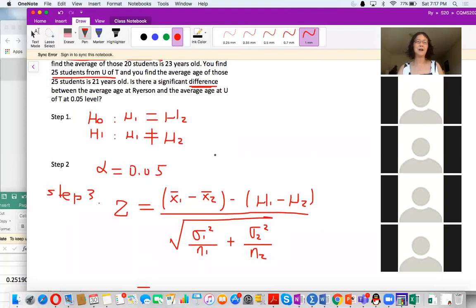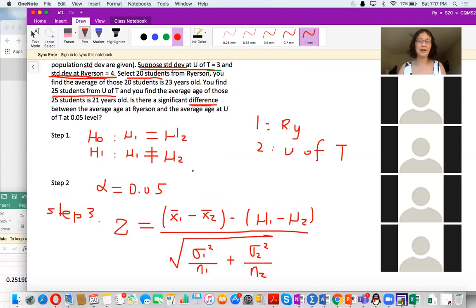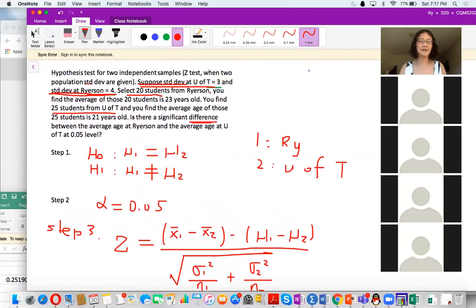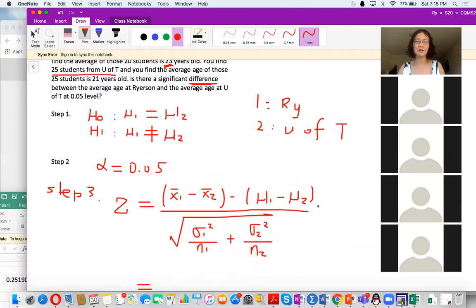So x1 bar, what is x1 bar? Let's say 1 represents Ryerson University. Subscript 2 represents U of T. So the average age at Ryerson is 23 years old. x1 bar equal to 23. So maybe I'm going to write down here 23.